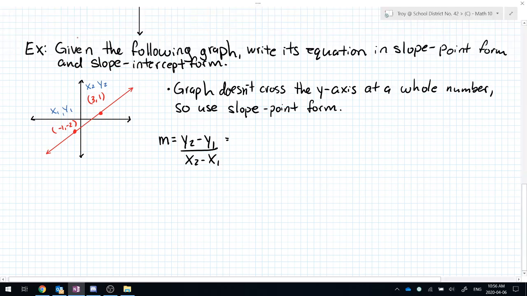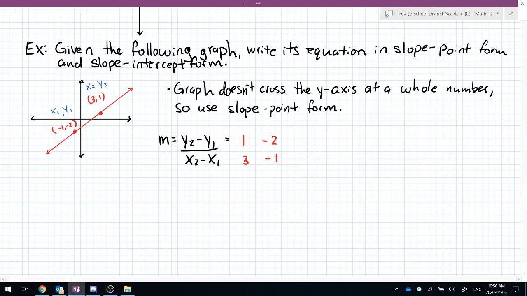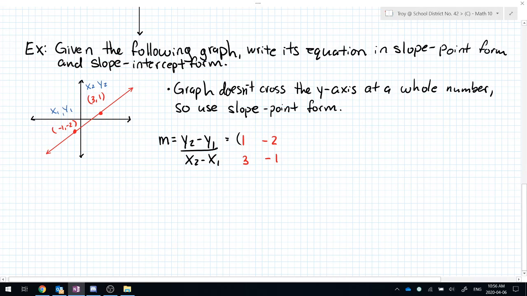If we substitute that in, y2 is going to be 1, y1 is going to be -2, x2 is going to be 3, and x1 is going to be -1. We're just making those substitutions there. All right, so we get 3/4 for our slope.